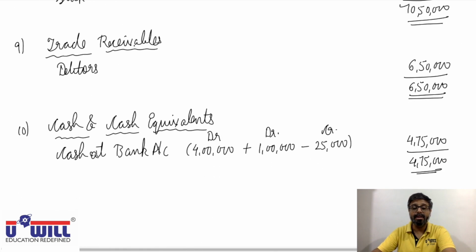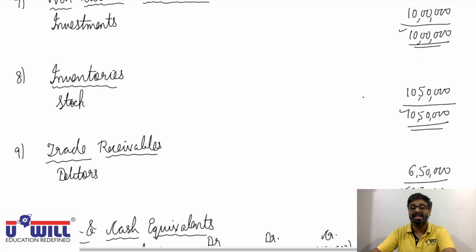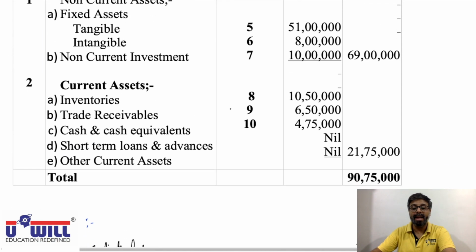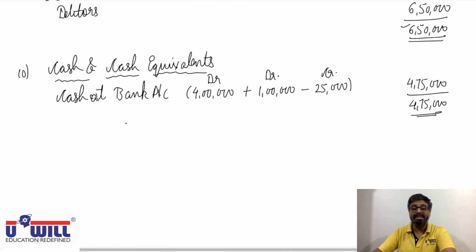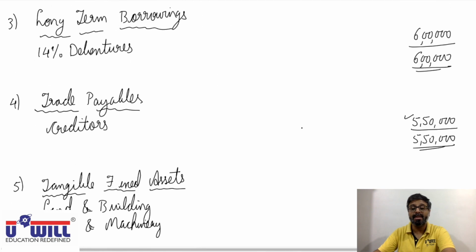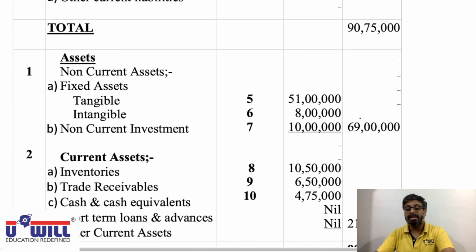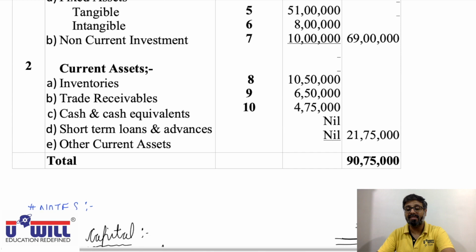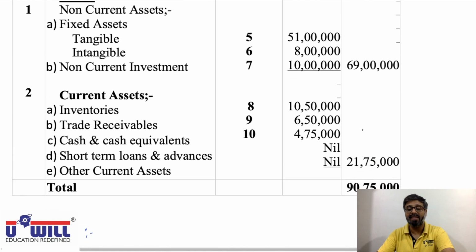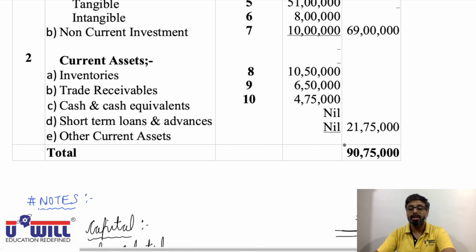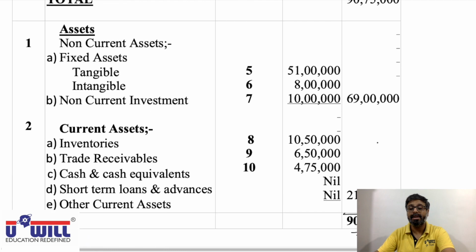And then cash and cash equivalents as per note 10, 4,75,000. We don't have short-term loans and advances and other current assets. Total 21,75,000. 69 lakhs plus 21,75,000 is also 90,75,000. Okay, so your balance sheet should get tallied.